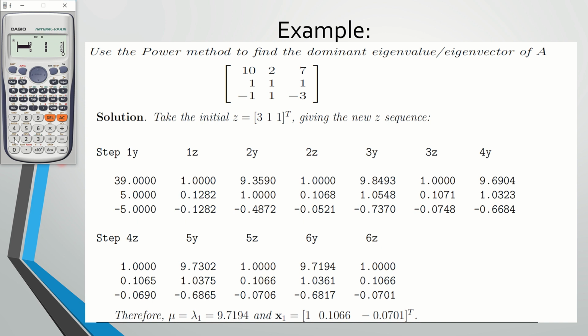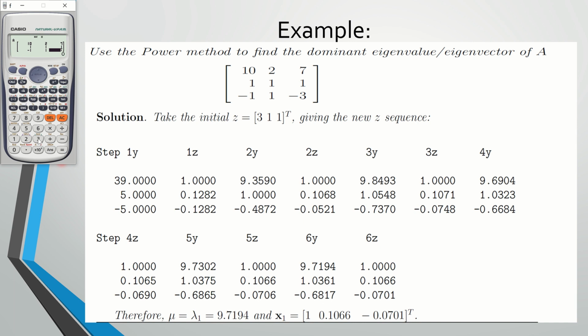The next value is 1, you press equal, next value is also 1, you press equal, next value is 1, you press equal, then we have minus 1, and then press equal, then we have 1 again, press equal, and then we have minus 3.